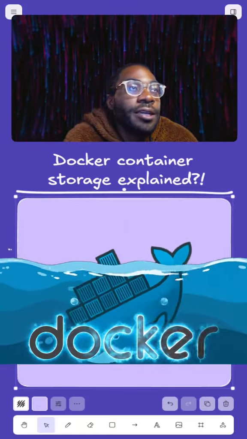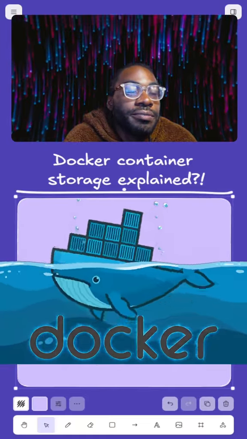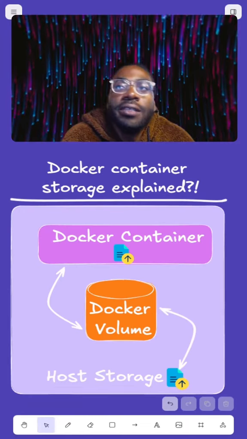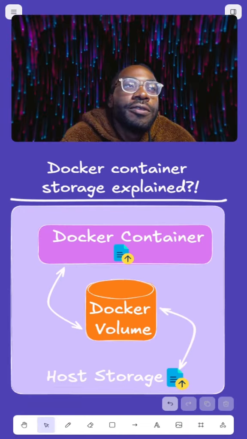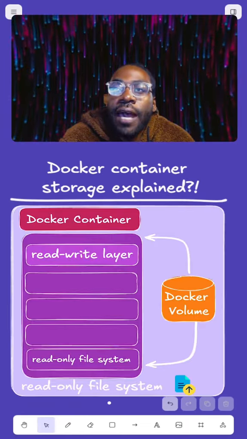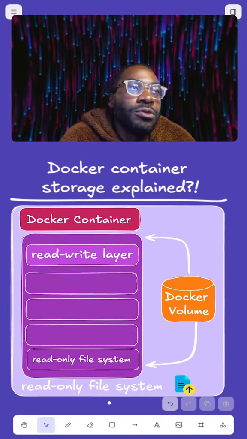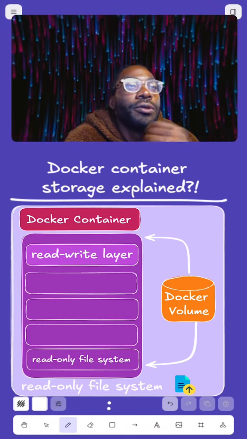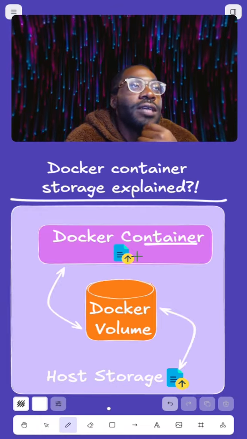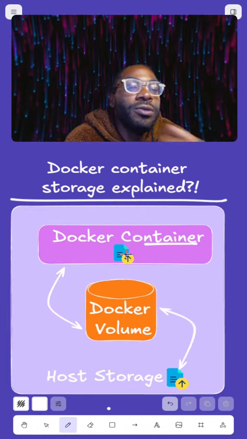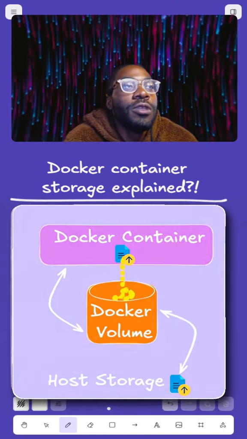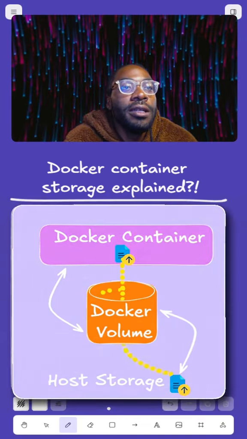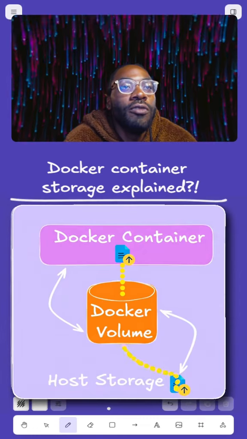Docker Container Storage Explained. The diagram behind me is the highest level visualization of how Docker volumes and mounts work. You have your Docker container right here, which has its normal files and folders that you need to run your application. But this Docker container is tied to a Docker volume.